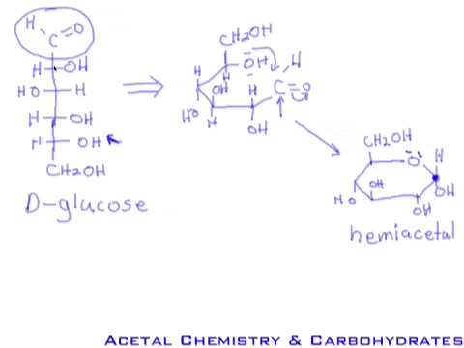In the straight chain, we have 1, 2, 3, 4 chiral centers. But if we form the hemiacetal, these are the 4 originals, and the hemiacetal produces a new chiral center. And so there is evidence that in solution, the hemiacetal is actually forming.